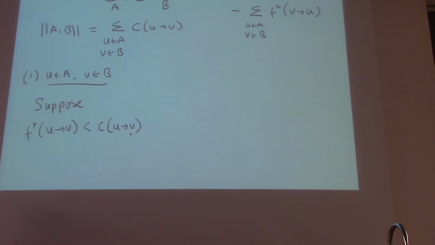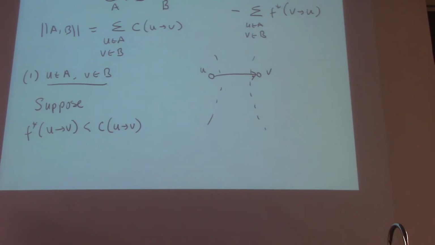Let's look at this more carefully. Let's draw a picture here. So we have U and we have V. And the flow on UV is less than the capacity.